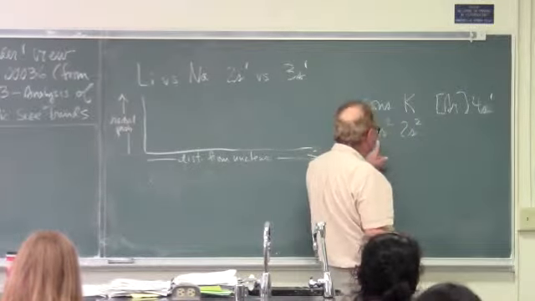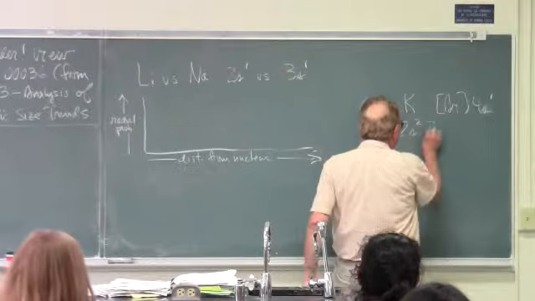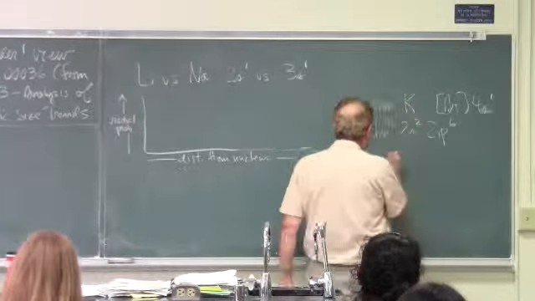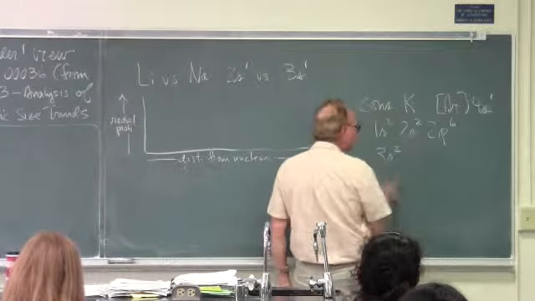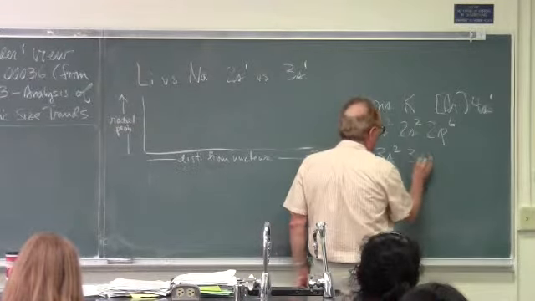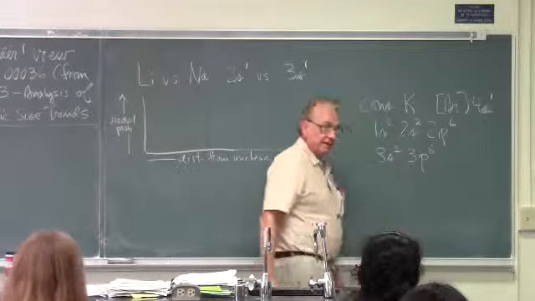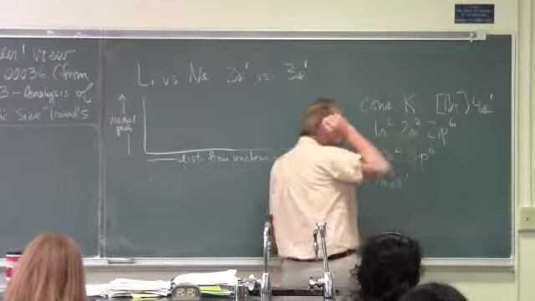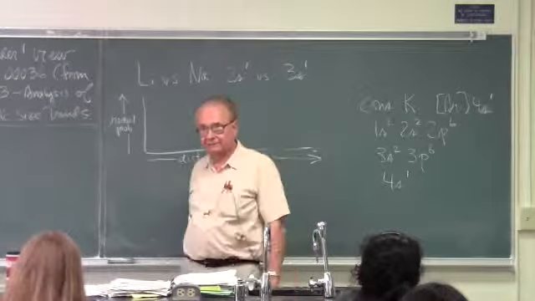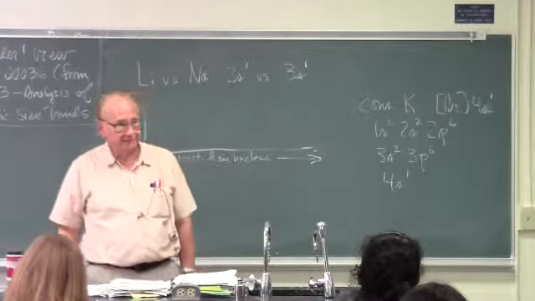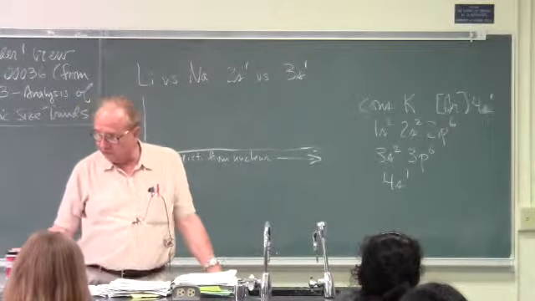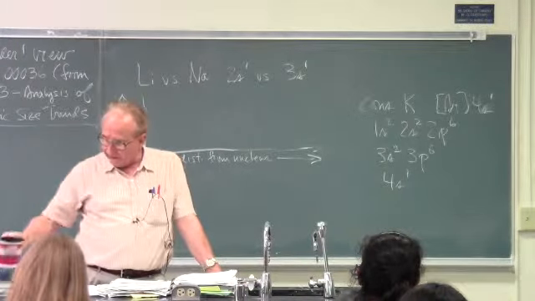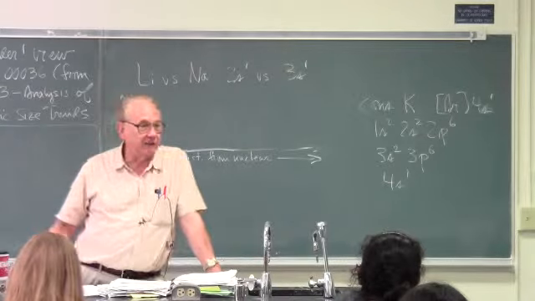You're seeing 2 1s electrons, 2 2s electrons, 6 2p electrons, 2 3s electrons, 6 3p electrons, and then finally you see the 4s electron. All right? And you also learned in 2045. Take, for example, the simplest atom, hydrogen.